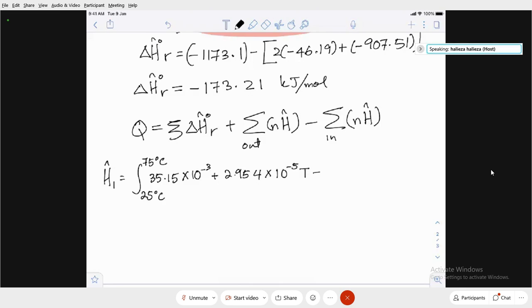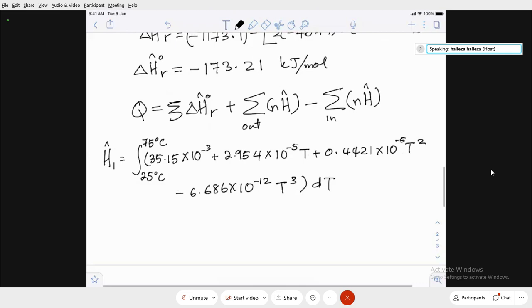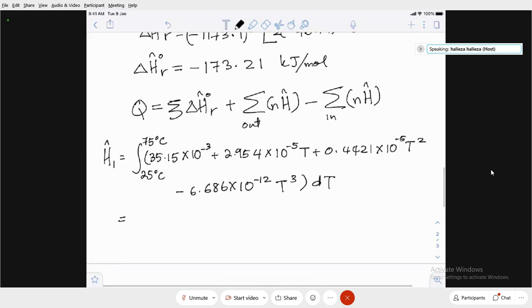Now I'm just writing down the coefficients of the polynomial equation to get the enthalpy for ammonia. This you can get from appendix B2. So you should be very familiar with that appendix. We have done a lot of calculations using it. So if you do the integration, my value is 1.832 kilojoules per mole.